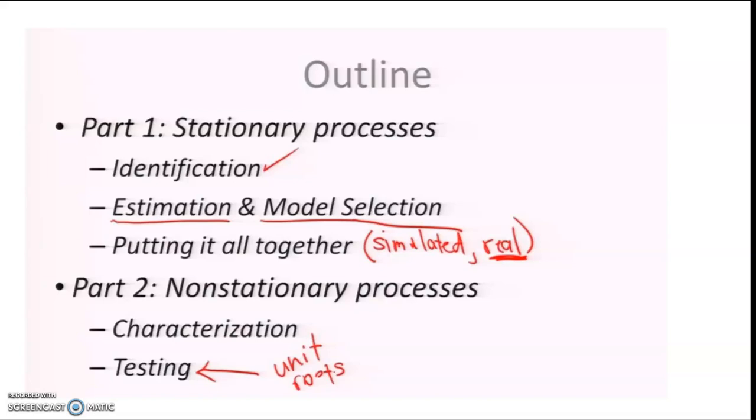We may use simulated data or real world data, and then we may also discuss the non-stationary processes. We may characterize whether the time series is stationary or not stationary. If it is not stationary, then we may be using various tests that I just discussed.